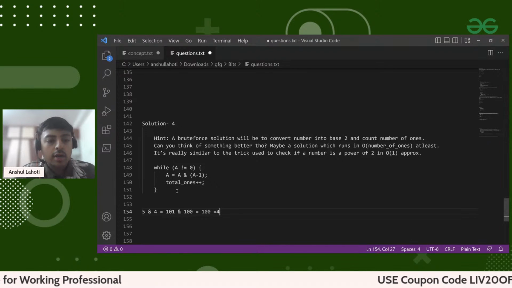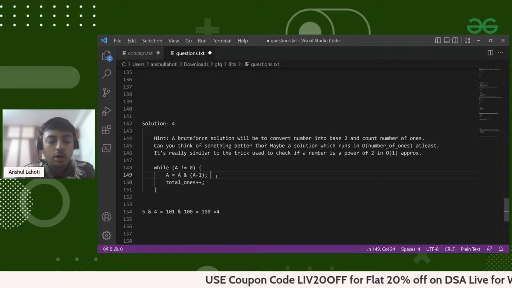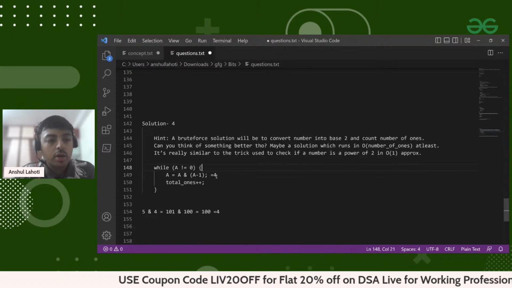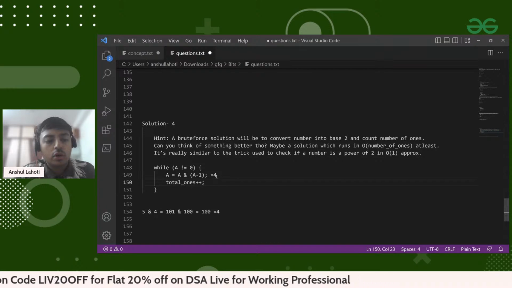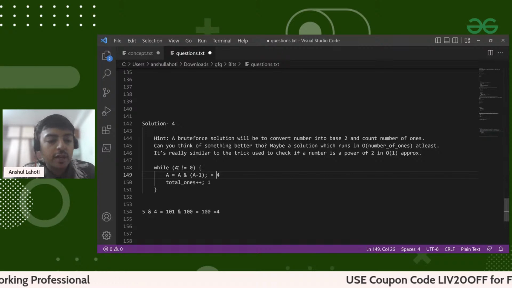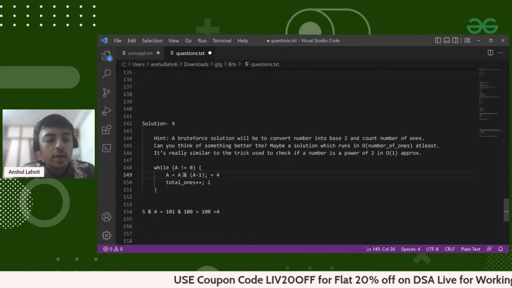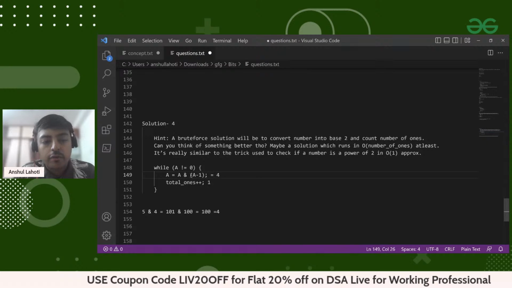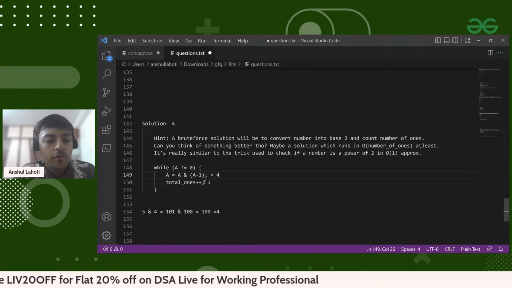So the output of this is 4, and initially the total number of ones is 0. In the first iteration it will become 1 and the number will become 4. So we pass 5 here. 5 is not equal to 0. 5 bitwise AND 4 is 4, and the total number of ones is 1.